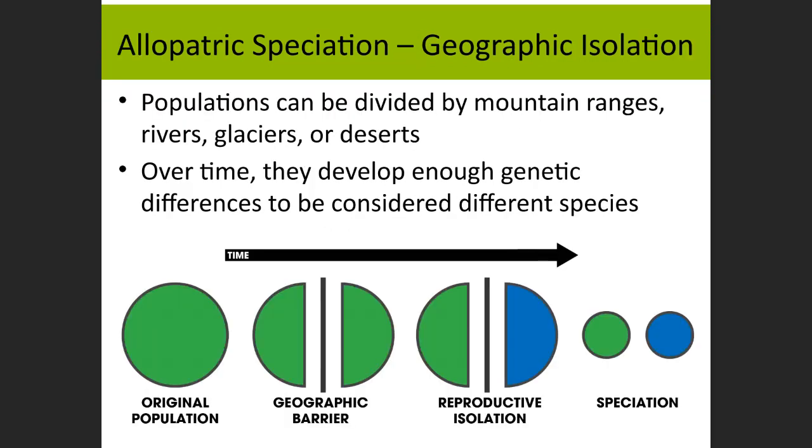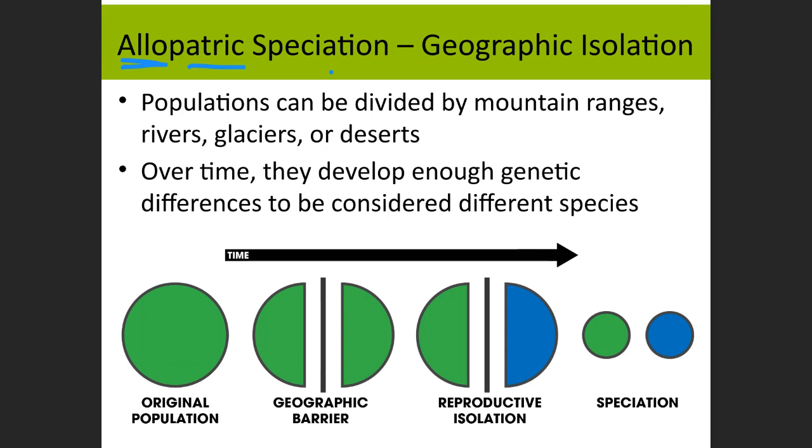So when organisms are physically separated, this is called allopatric speciation. Allo means other, and patric is country, right? Like patriotic. So this is organisms that live in a different country from one another.